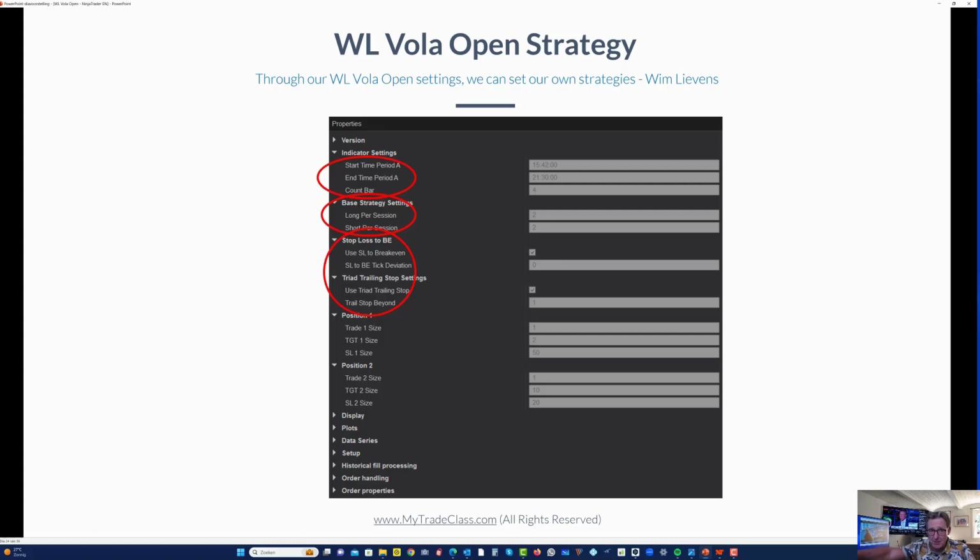I can take this out if I want, just deactivate it. Once that first target is hit and the stop loss to break even is activated, the triad trailing stop begins.